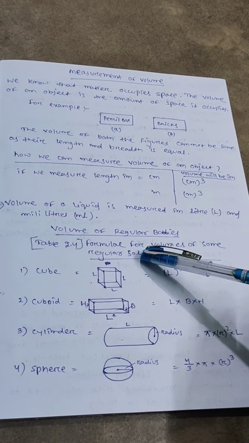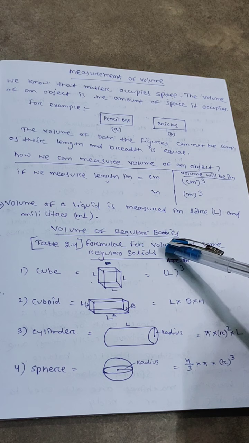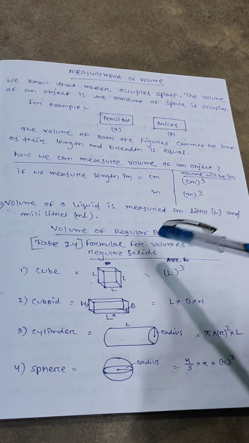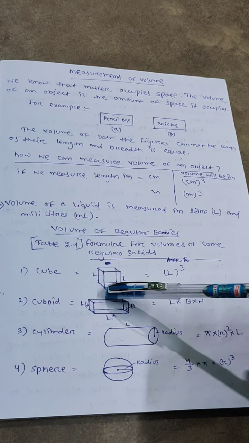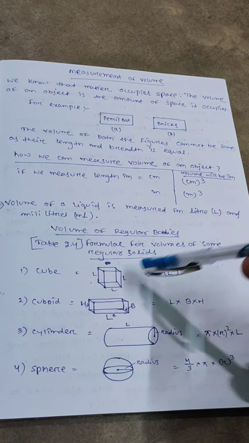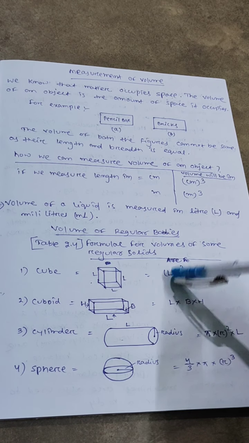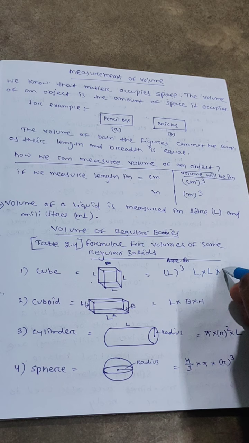Then for the volume of regular bodies, some formulas are there in your book. See table 2.4. The formula is given for volumes of some regular solids. First, it is a cube, so the formula must be L cube, or length into length into length.